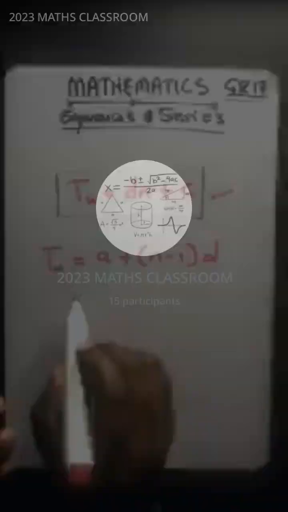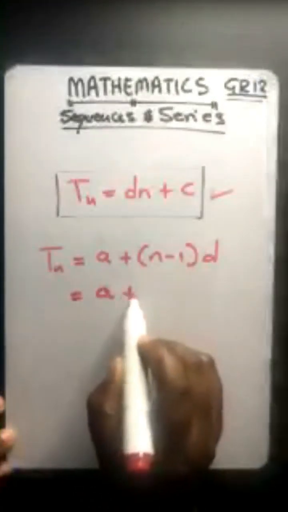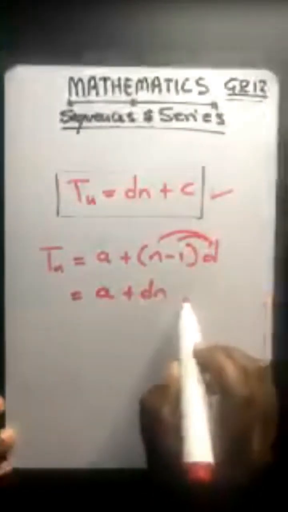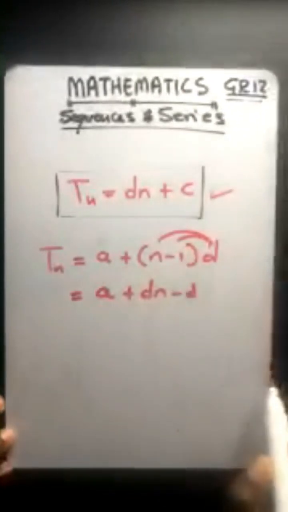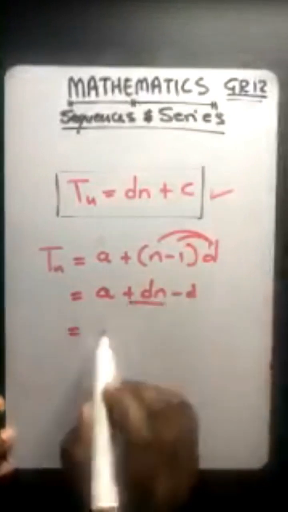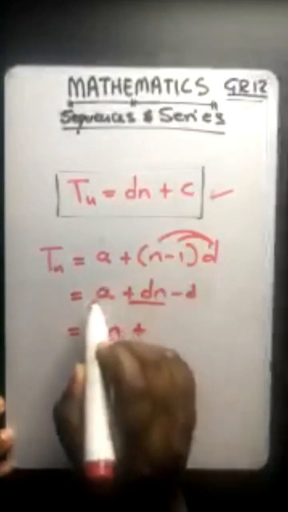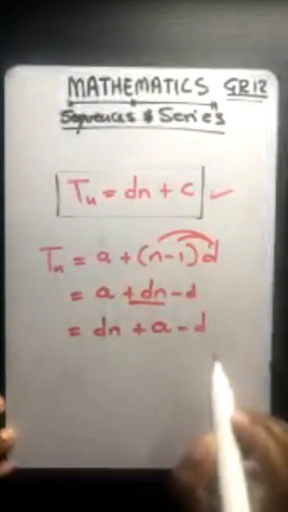So if you work that out, you end up having A plus n times d, minus d. So you end up having positive dn plus that A, which is A minus d.